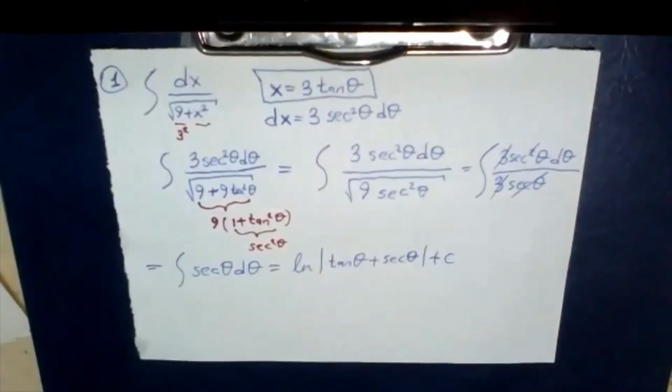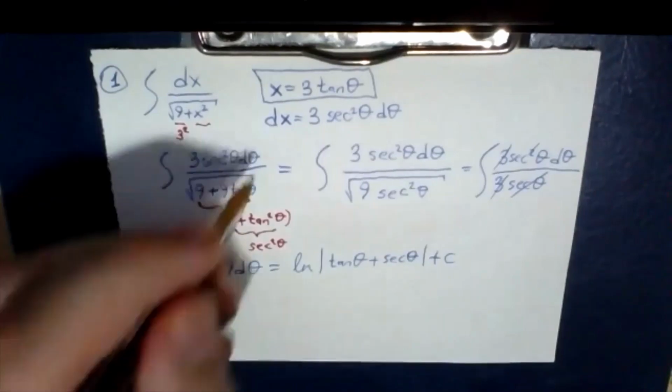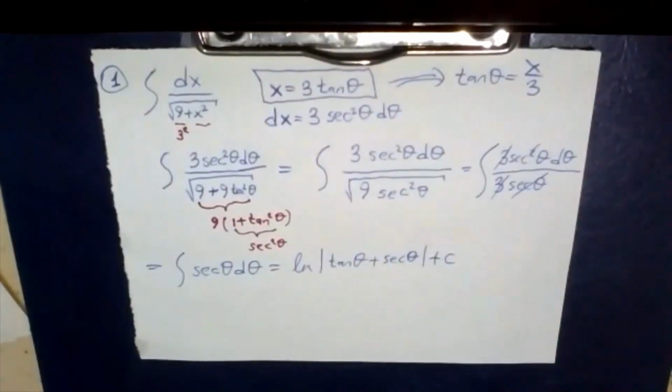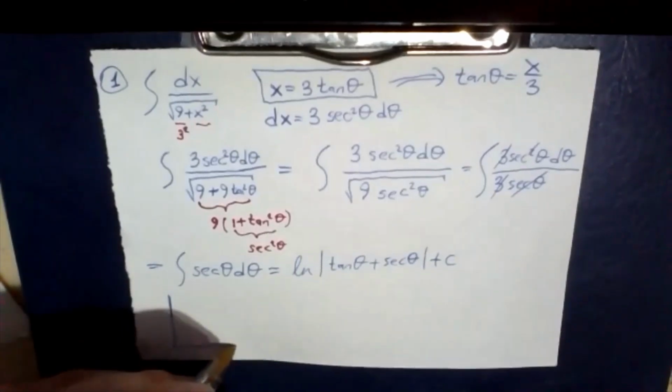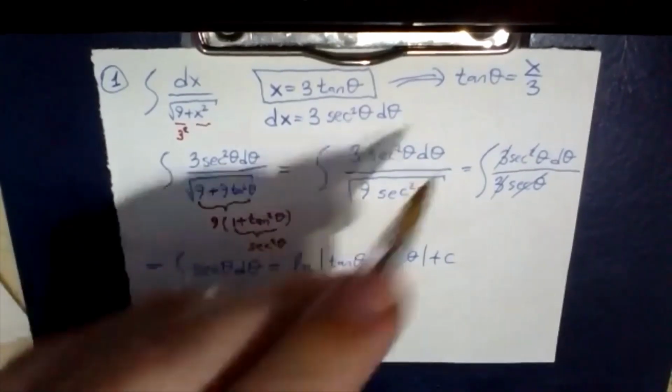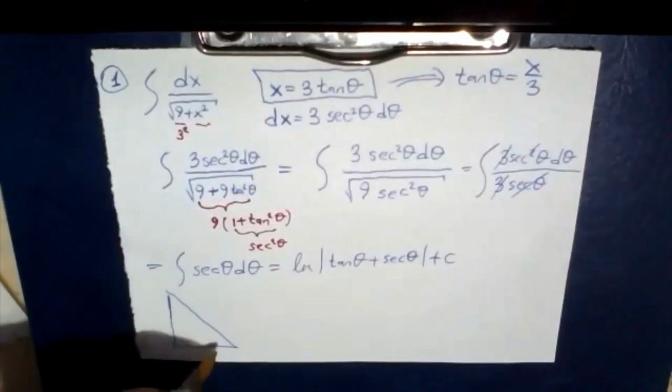What we have, x is equal to 3 times tangent theta was our substitution. From here, we can solve tangent theta as x over 3. Then we will draw a triangle which satisfies tangent theta is equal to x over 3.